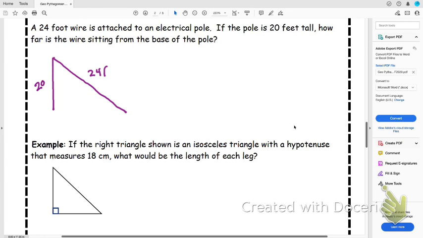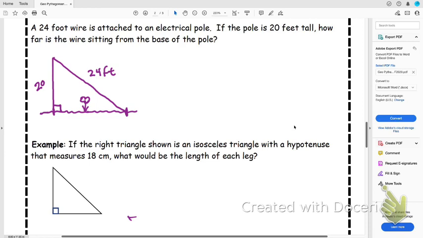24 feet. Well, here's the ground, yeah? With some grass and a flower. Okay, what kind of an angle is this? A right angle. Can I use the Pythagorean theorem to find out how far the wire is anchored from the pole? Yes. Is that a hypotenuse or a leg we're looking for?